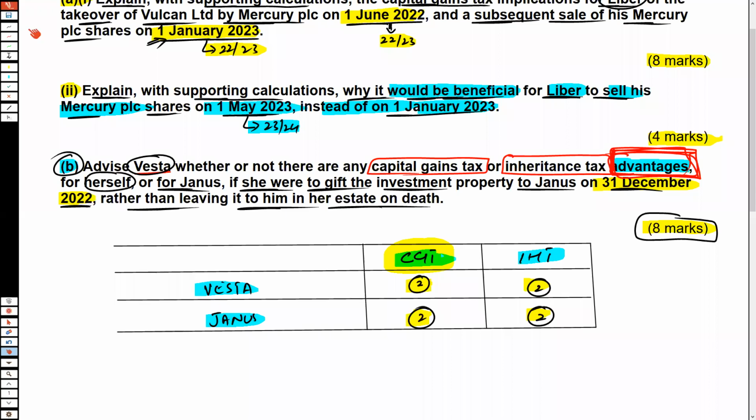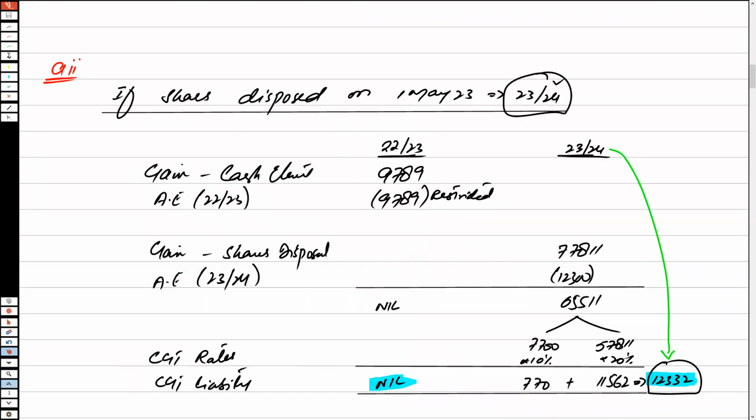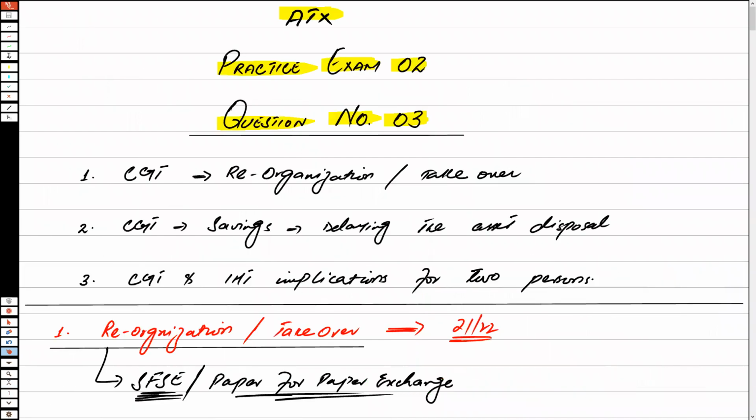So we are done with the discussion of this planned question, which was question number 3 of practice exam 2. It was our last question and the last day of the session. I have further question videos if you are interested to learn how to attempt the questions on the practice platform.